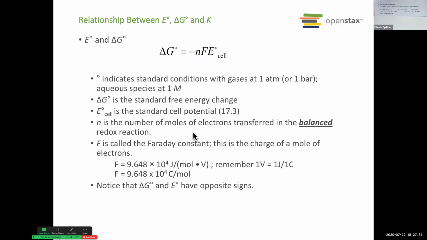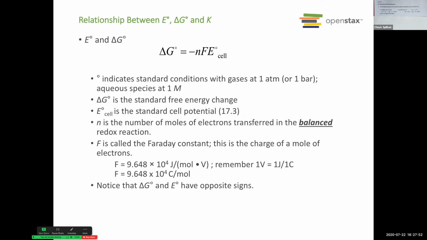And you can write an equation from the cell notation. Remember, we learned how to write cell notation in section 17.2. From that, you can write a balanced equation and determine the number of moles of electrons that are being transferred from the anode to the cathode.